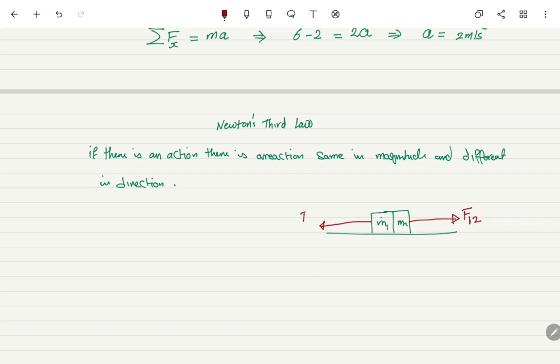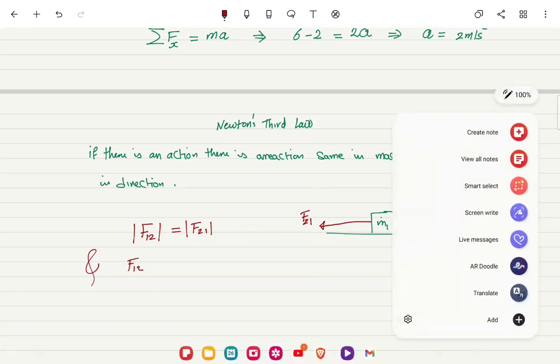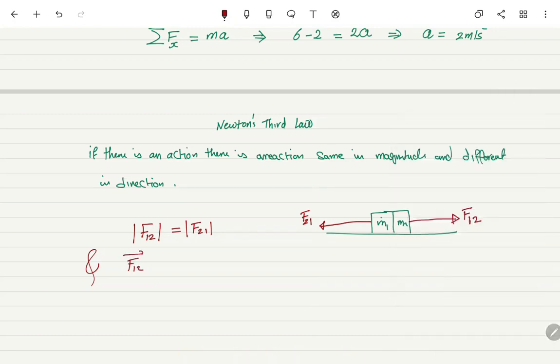This one is F2 on 1. So the magnitude of F1 on 2 equals the magnitude of F2 on 1, and F1 on 2 as a vector equals minus F2 on 1 as a vector.